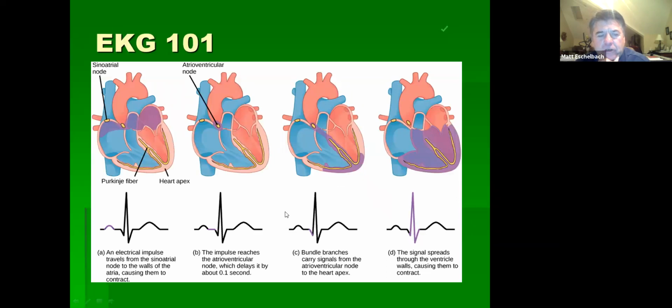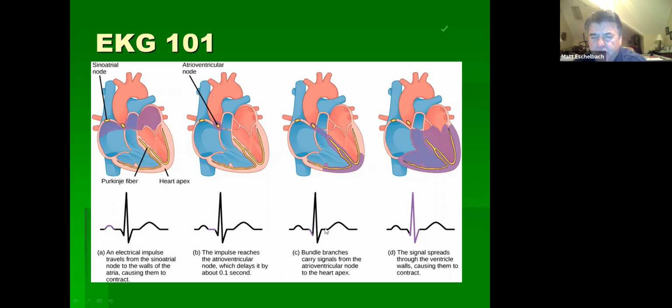So we'll look at our cardiac cycle. Very easy. We've got a sinoatrial node, where the first impulse happens. When you get depolarization of the sinoatrial node, you get a P wave. And then that travels to the atrioventricular node. When you get depolarization of the atrioventricular node, we get the QRS complex.